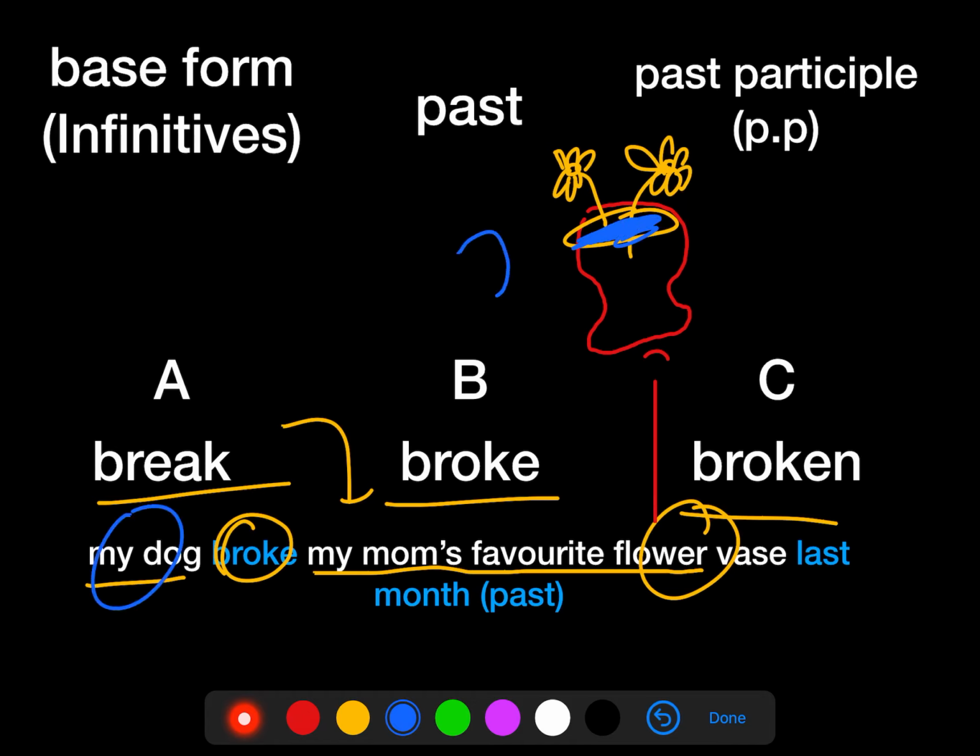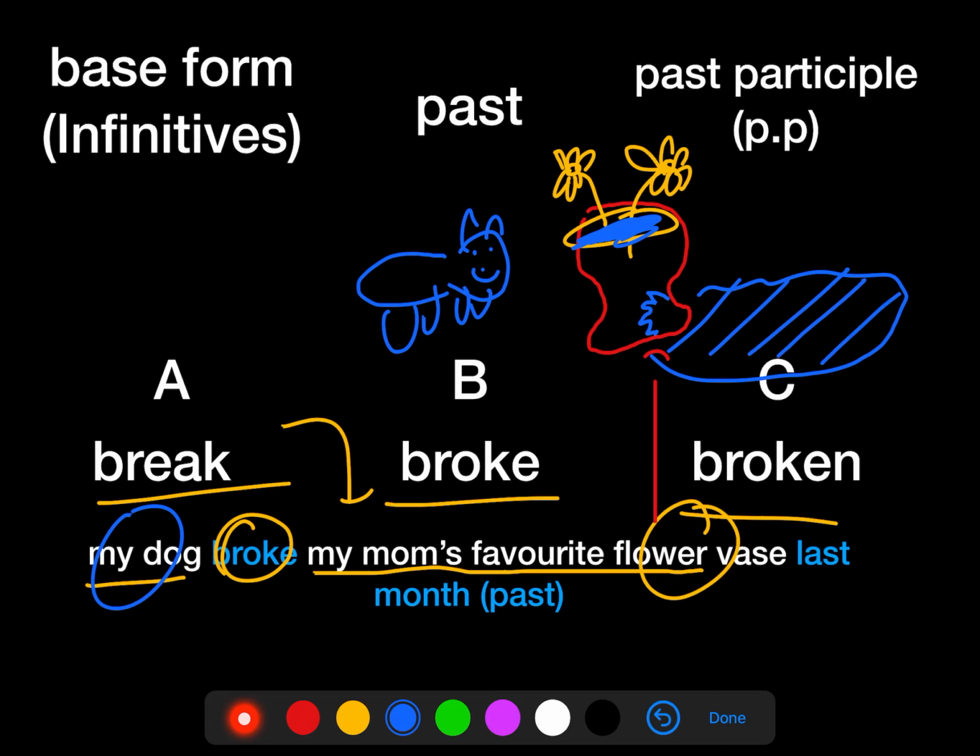So my dog broke my mom's favorite flower vase. This is a flower vase, but last month.